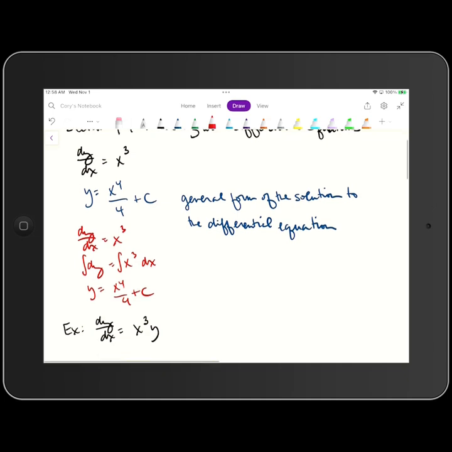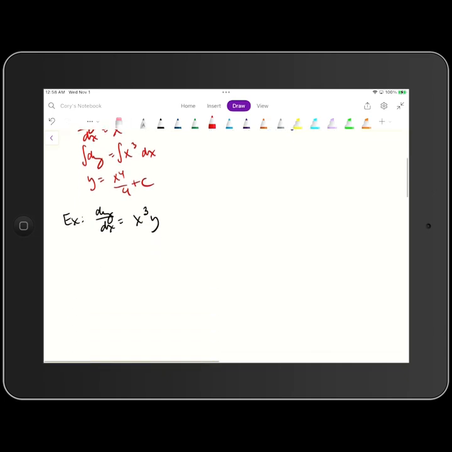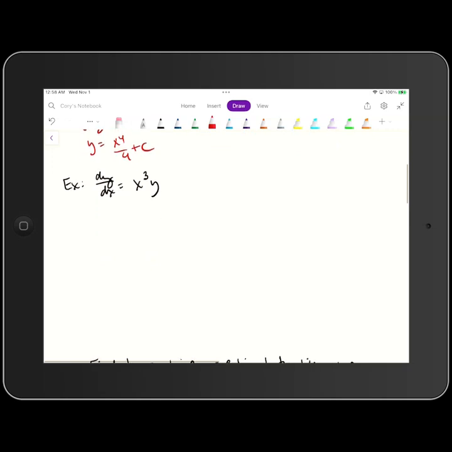Okay, so how we're going to use integration by separation of variables is when we have a derivative that is written both in terms of x and y. So we're going to see later on that this is what is called a separable equation.